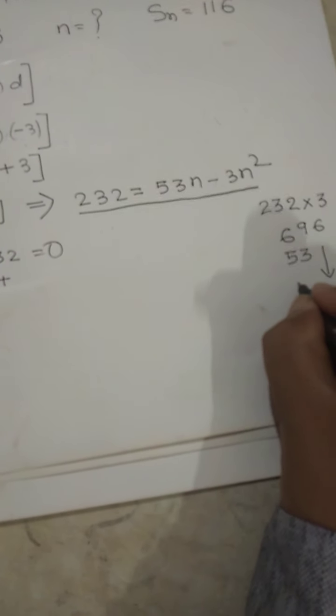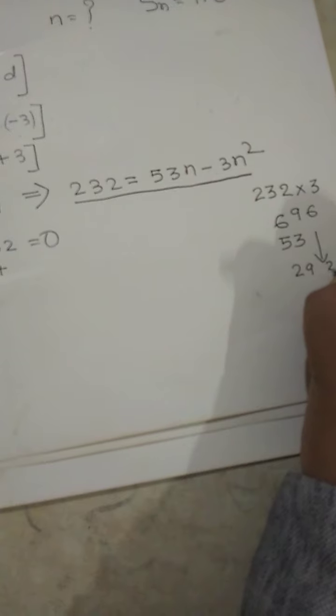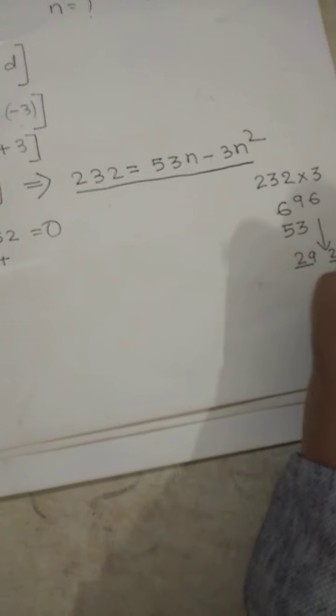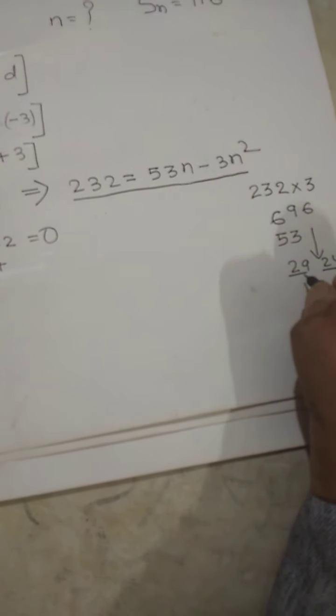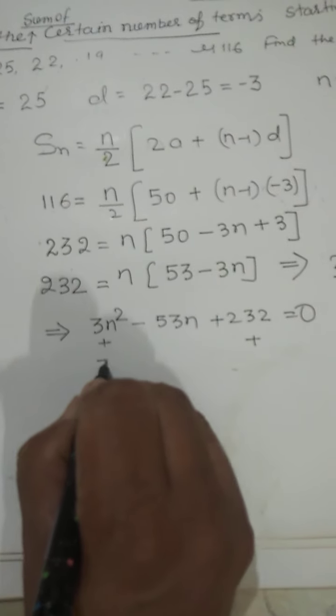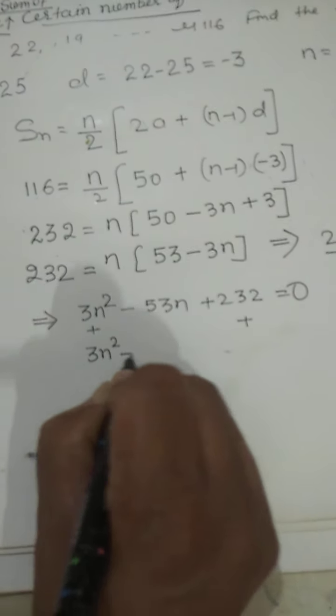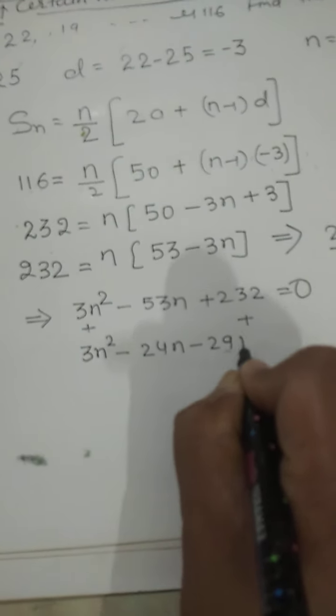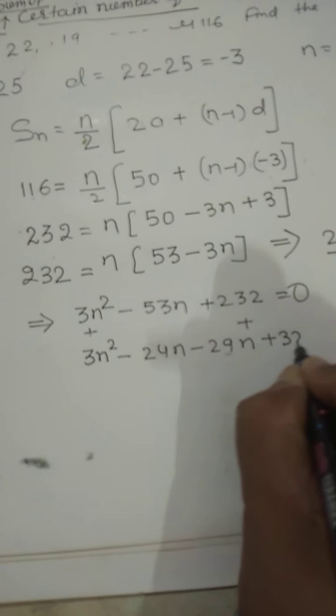When the sum is plus 53, the split goes down: maybe it is 29 and 24, minus 29 and minus 24. 9 times 24 is 216, 24 times 2 is 48, plus 21 is 69. So we write 3n square minus 24n minus 29n plus 232.